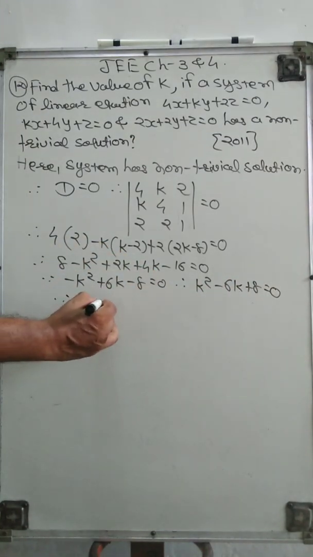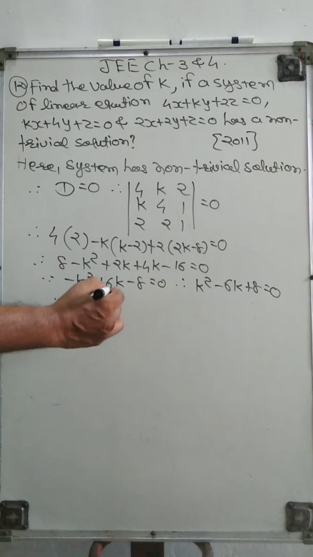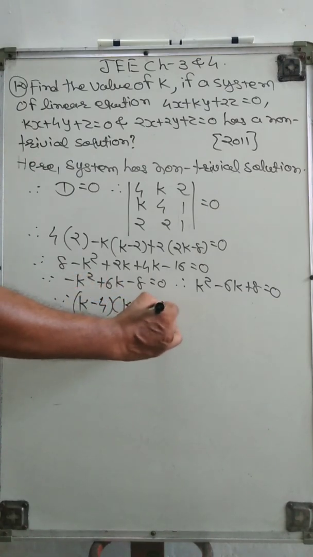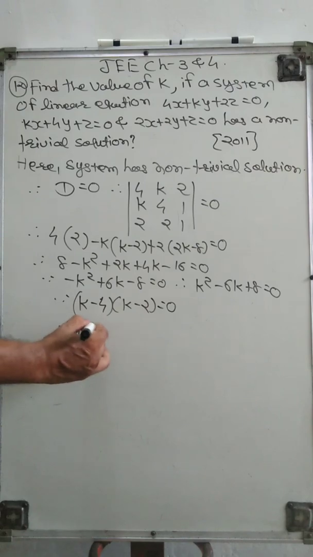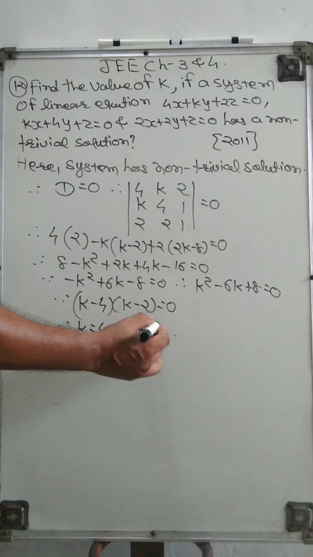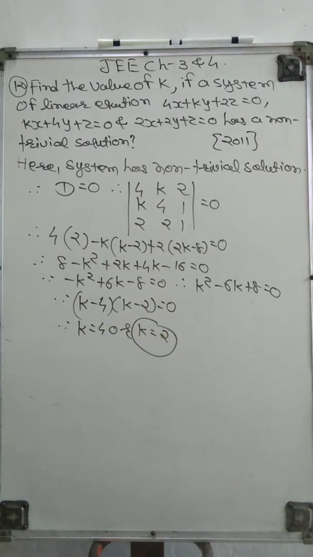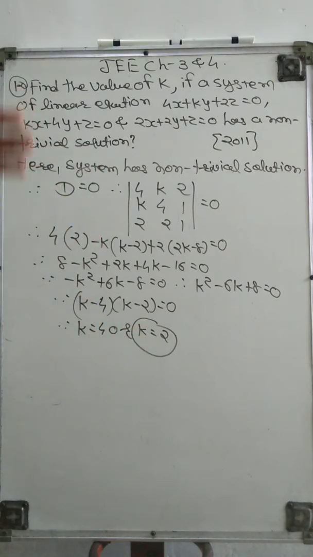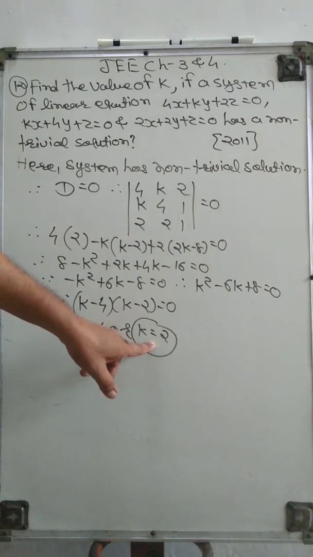Therefore the factors are k minus 4 and k minus 2 equal to 0, so the value of k is either 4 or 2. In your answer sheet this answer is given. So the value of k is either 4 or 2, but according to the given MCQ, the value of k is equal to 2.